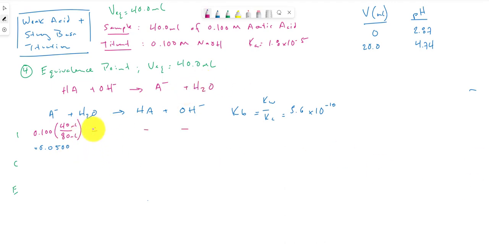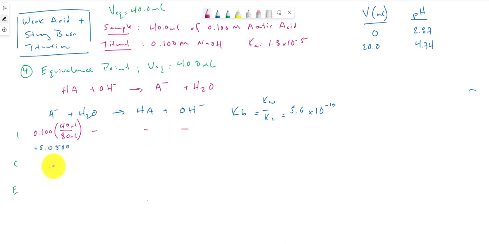For the rest of our initial conditions, we don't consider water, and we don't have any HA yet because we've converted all of the original HA into A minus. Now it's going to go backwards and make a little bit at equilibrium, and we'll say we have negligible amounts of OH minus.